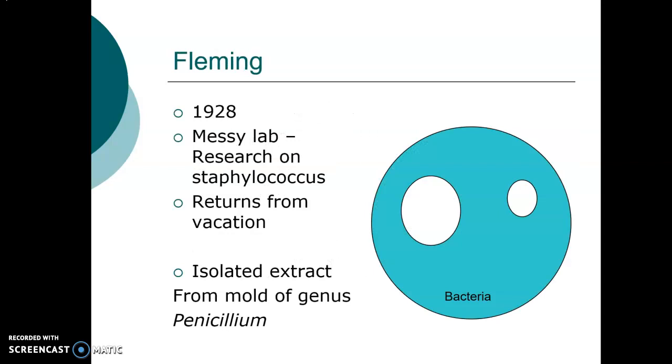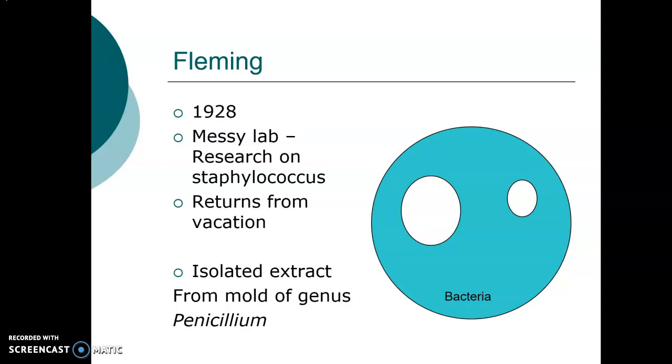Fleming's discovery was actually kind of an accidental discovery. So he was working in his lab with a bacteria called Staphylococcus, which now you know is a bunch of little round bacteria that are clumped in a group. He went on vacation, and he just threw a bunch of his leftover plates in the garbage can. When he came back, they were still there, and what he noticed was this greenish teal bacteria did not grow over the whole plate.